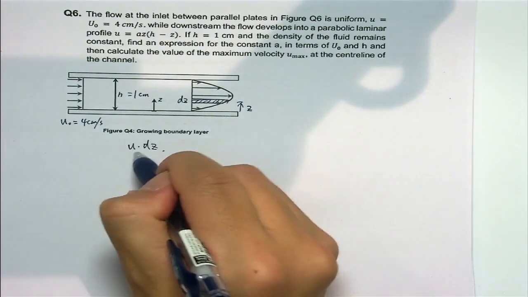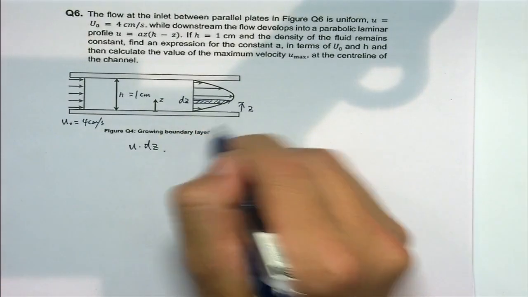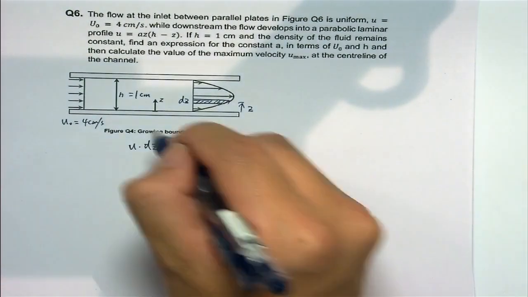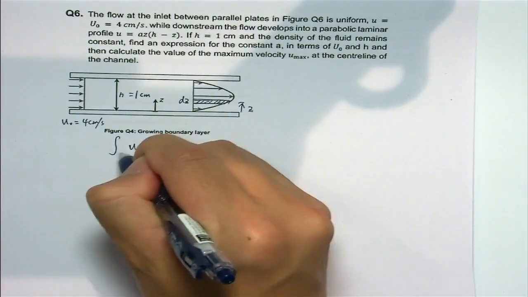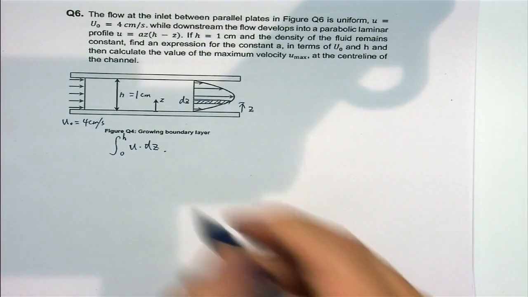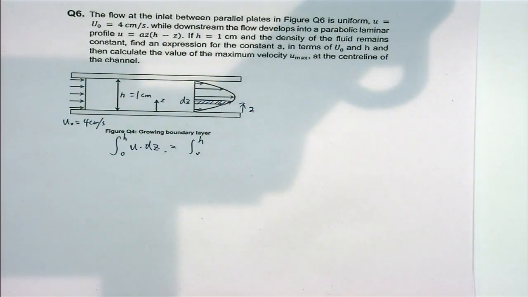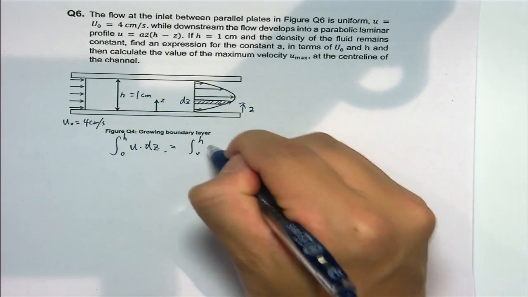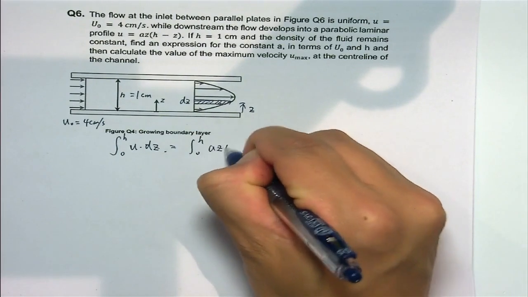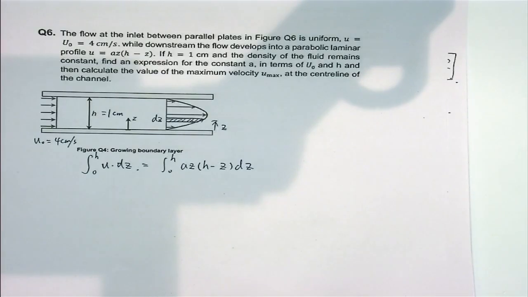So that one is the infinitesimal volume flow rate. So we just do the integration from 0 to the height h. We could easily get, just substitute the velocity profile in, which is az, h minus z, dz. So that one is the volume flow rate on the right.